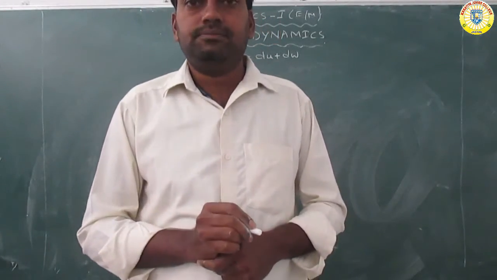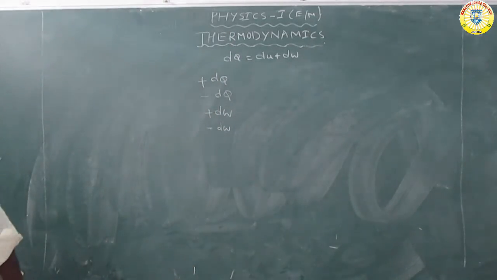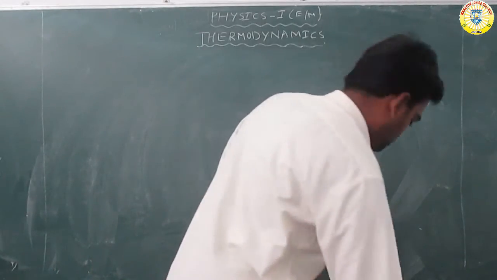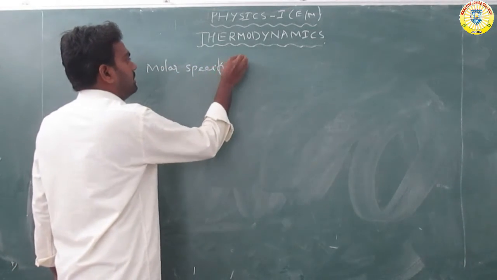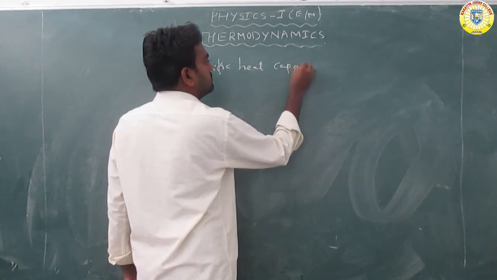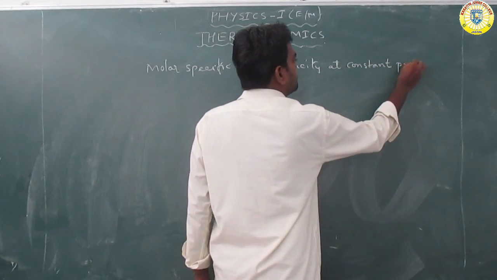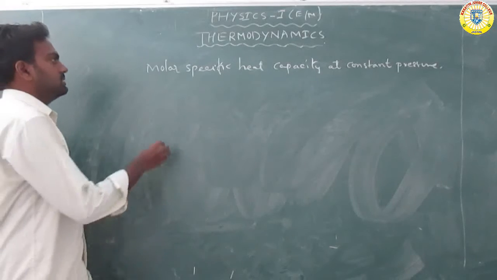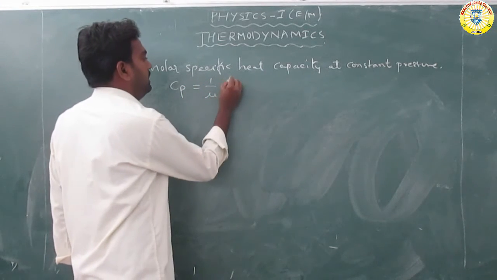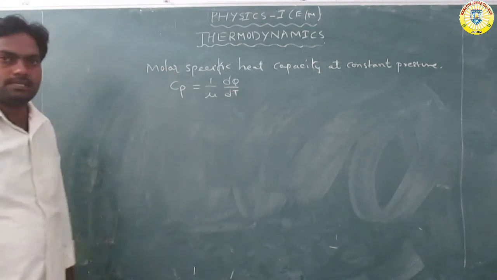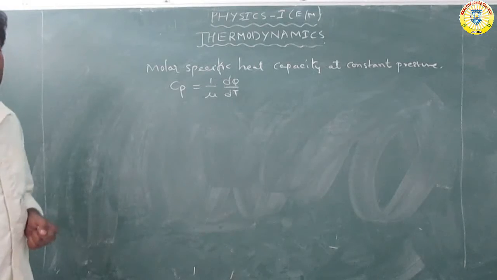So Cp is taken as Cp is equal to 1 by mu dq by dt. We can write Cp is equal to 1 by mu dq by dt, the molar specific heat capacity at a constant pressure.